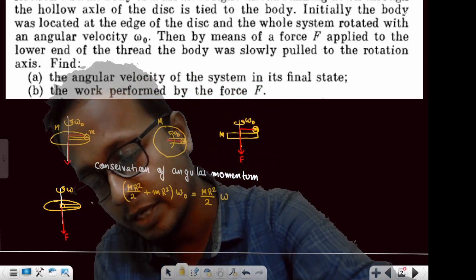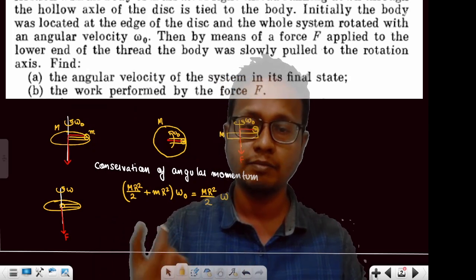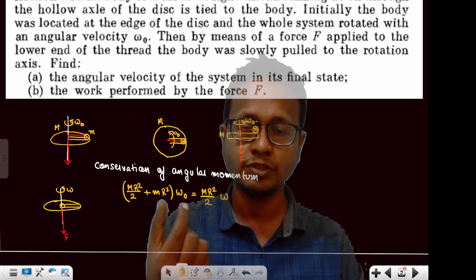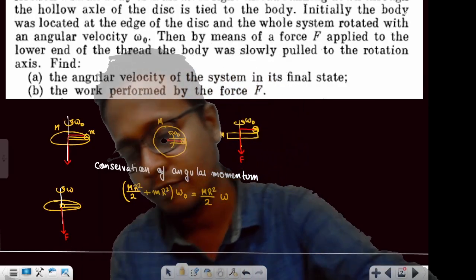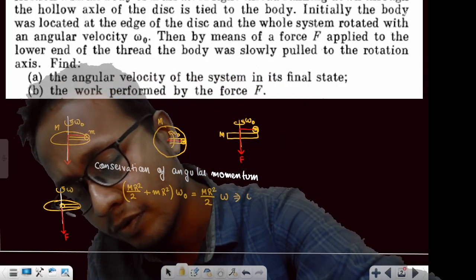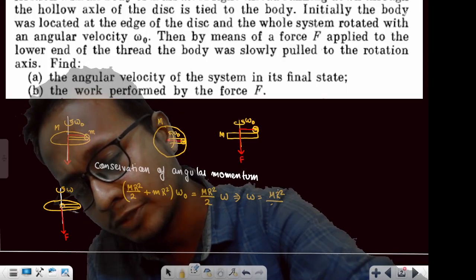So I omega initial is equal to I omega final. This initial moment of inertia into initial angular velocity is equal to final moment of inertia into final angular velocity. And from this equation, I can simply find out the value of omega. So omega is equal to M r square by 2, or let me take r square common.